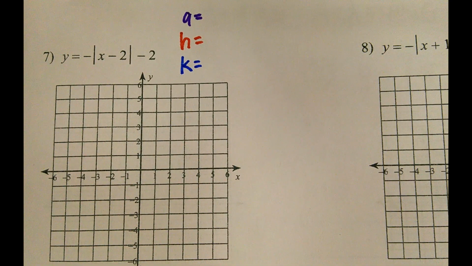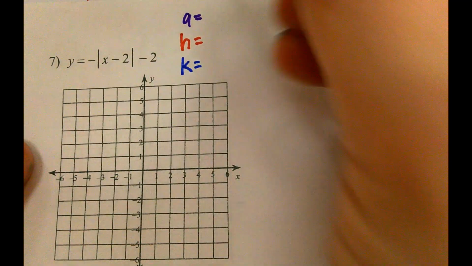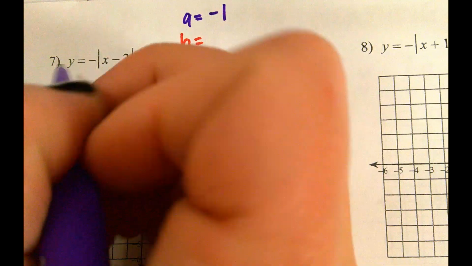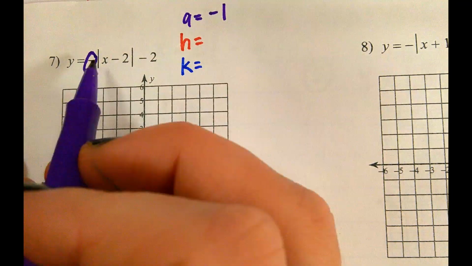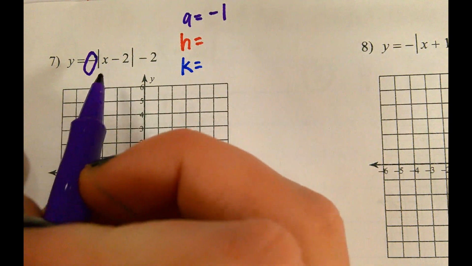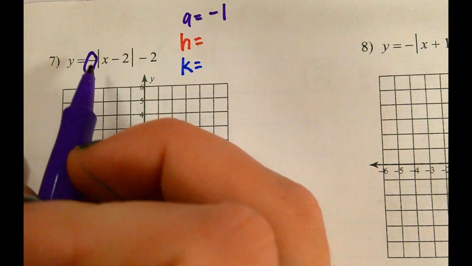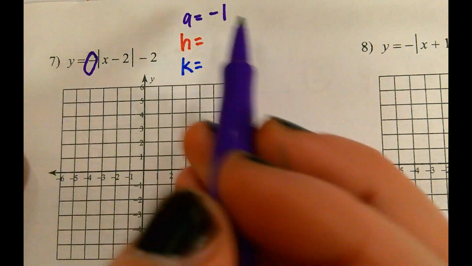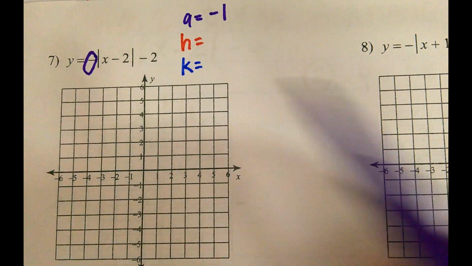Somebody raise your hand. You know what A is. -1. Yes, -1. Now there's a minus sign. There's no number, so it's still 1, but since there is a negative sign, that's going to make it -1.